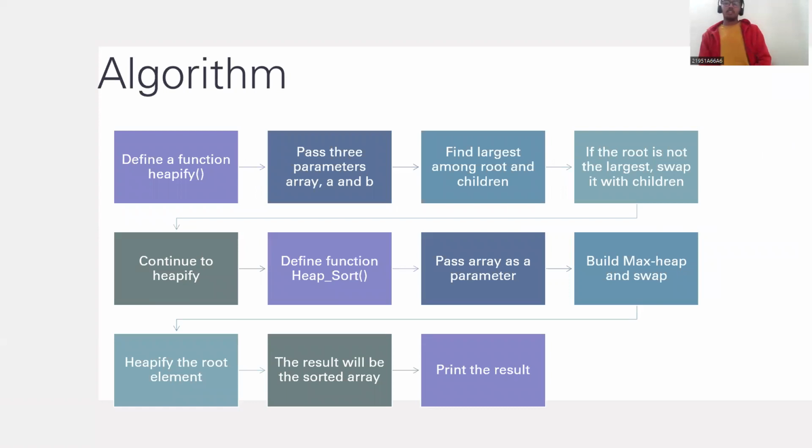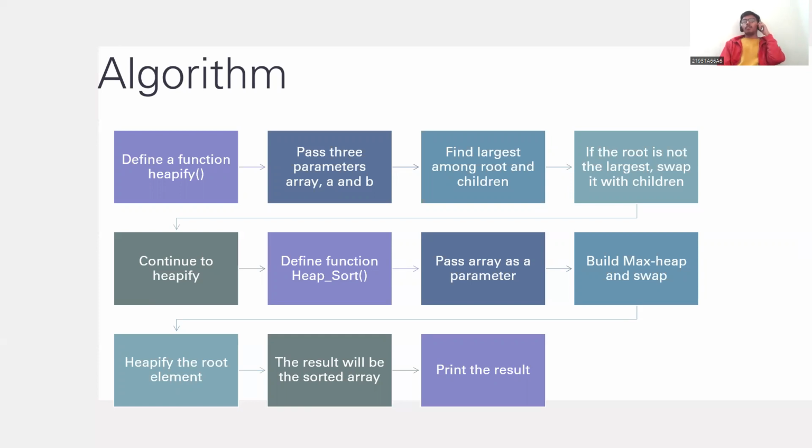Algorithm. Define a function heapify and pass the parameters array and index. Find the largest among the root and children. If the root is not the largest, swap it with the child.